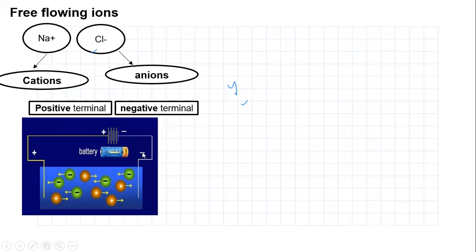So this is negative. And here you can see all the mobile ions in the solution move in opposite directions: the negative ions move toward the positive electrode, and all the positive ions move towards the negative electrode.